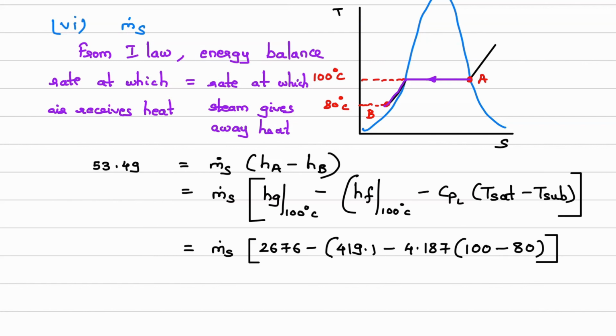Left hand side we have 53.49. So we can calculate mass flow rate of steam. M dot S is equal to 0.02285 kg per second.